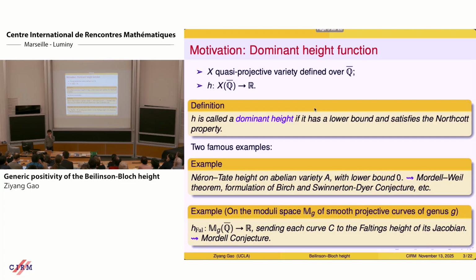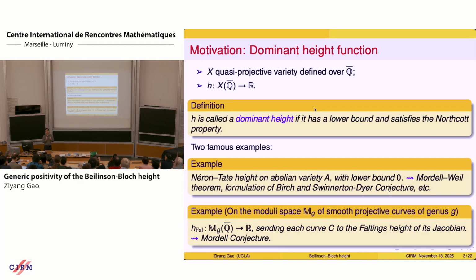And here are two examples I want to present. Apart from the Weil height on P^n, these two examples are probably the most famous. The first one is the normalized Néron-Tate height on abelian varieties. This function is not just well defined up to a bounded function, it's a genuine normalized function, and the lower bound is 0.